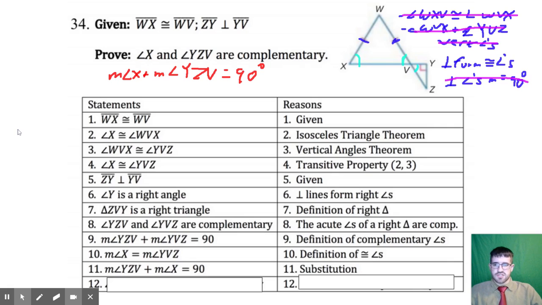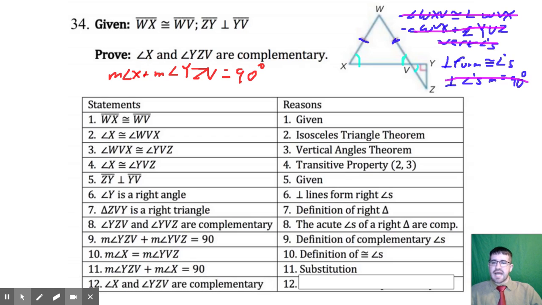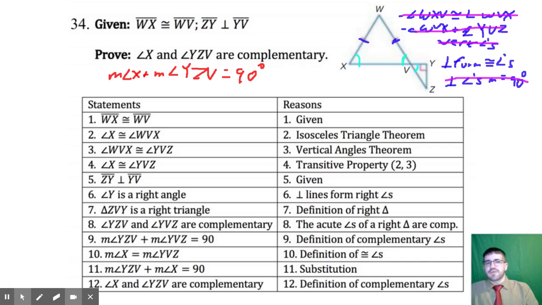That's by substitution. If you want, you could write the steps from statement 10. And then we always finish off with our proof statement: angle X and angle YZV are complementary, because you always want your final statement to be exactly what was given in your proof statement. And that is by the definition of complementary angles.